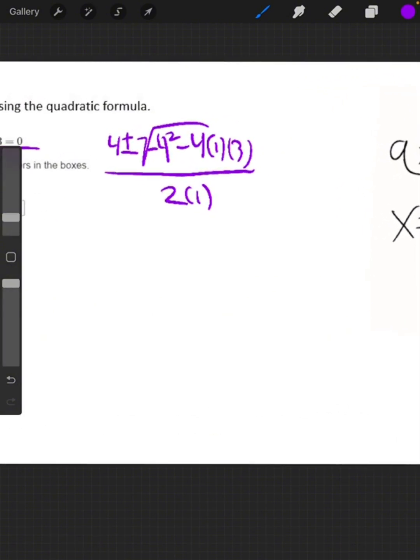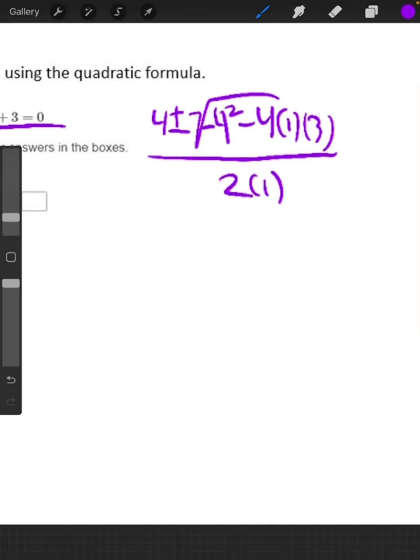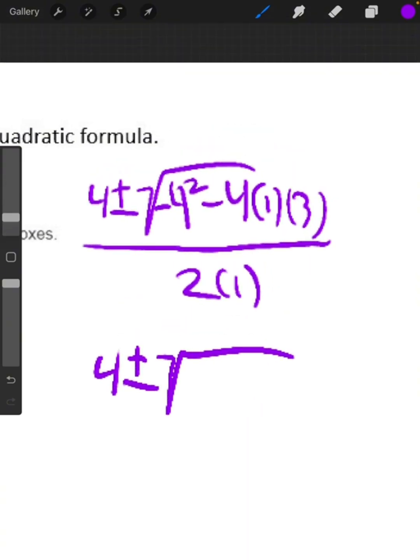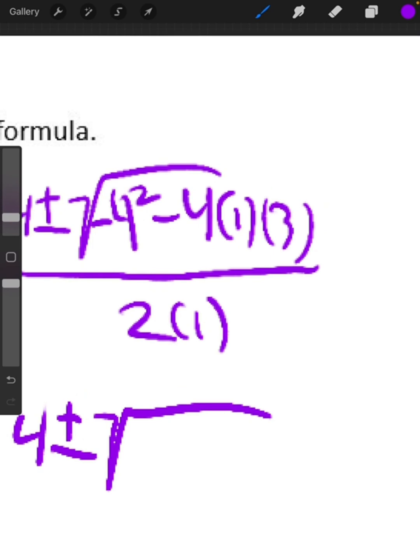Anyways, so let's solve the square root in here first. So 4 plus or minus, and inside the square root, the -4 to the power of 2 is basically -4 times -4, which would equal 8. And then we have to multiply these by each other. So 4 and 1, that's 4.